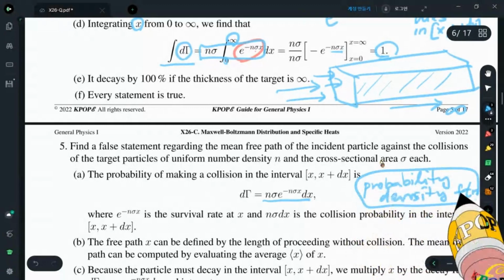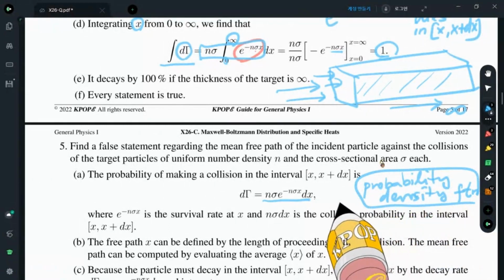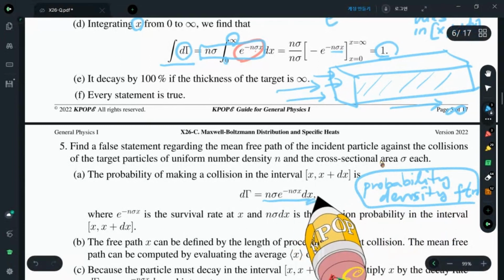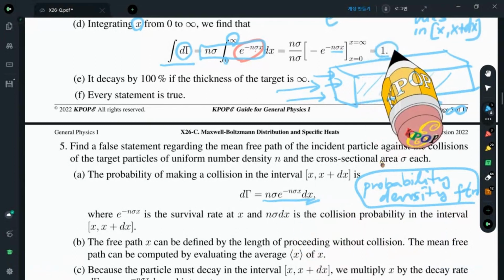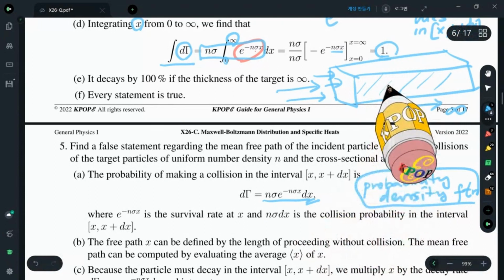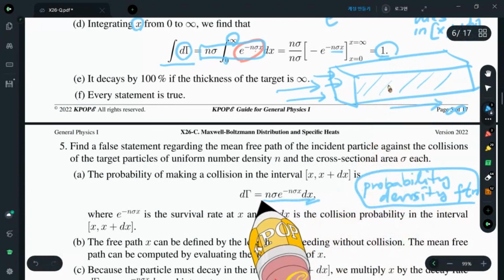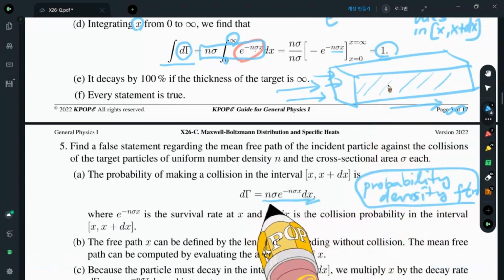Probability density function means if you integrate over all possible values of x, then it must be 1. Now you know how to compute the probability density.